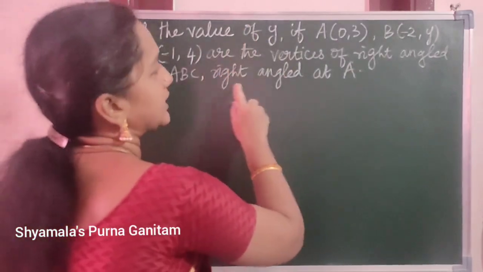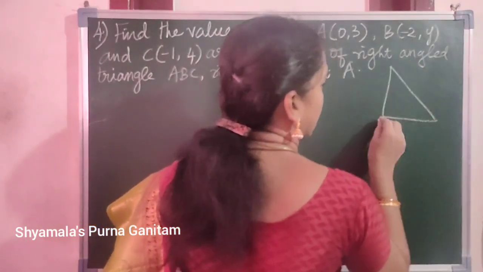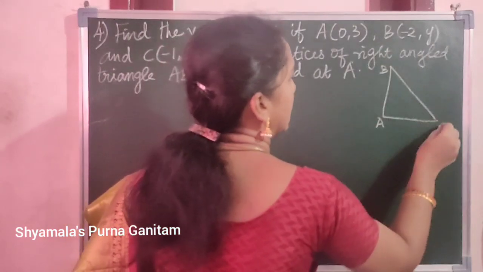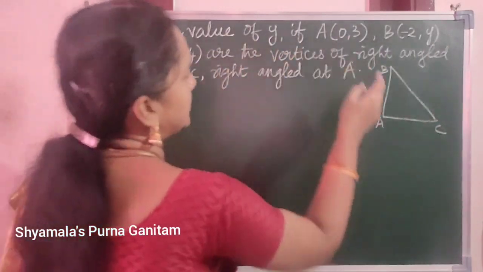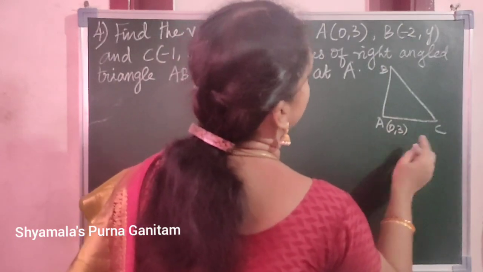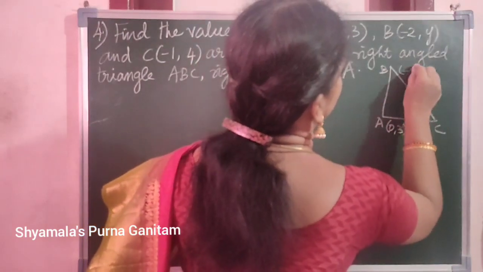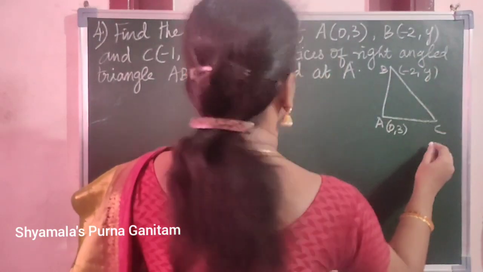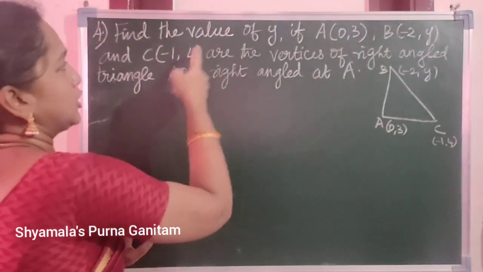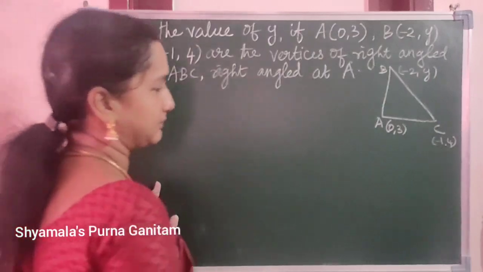So it is given that it is right angled at A. So when you draw a right angle triangle, the right angle is at A. So the other 2 vertices will be B and C. So now from this you can note the vertices. A is 0, 3 and B is minus 2, y and C is minus 1, 4. So here you are asked to find the value of y for this vertex.